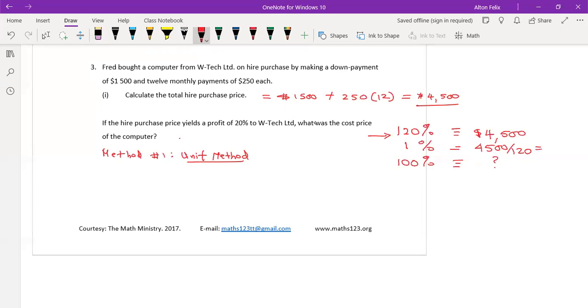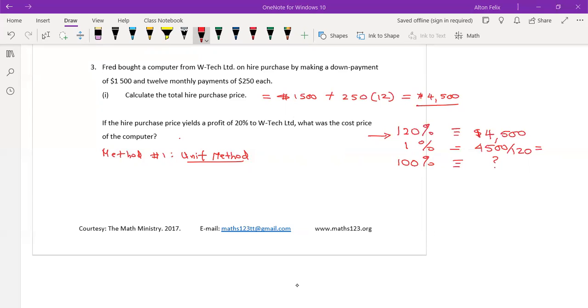And of course, you could work it out. What is that value? And then you can work out what 100% represents. If you know 1%, you simply multiply that answer by 100 to get 100%, which is equivalent to the cost price. So let's work that out. 4,500 divided by 120 is 37.5. And then you multiply that by 100.